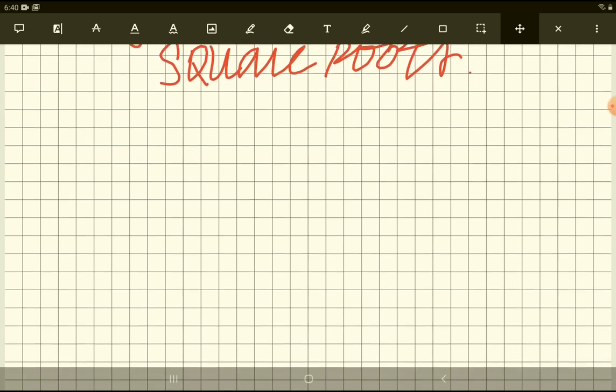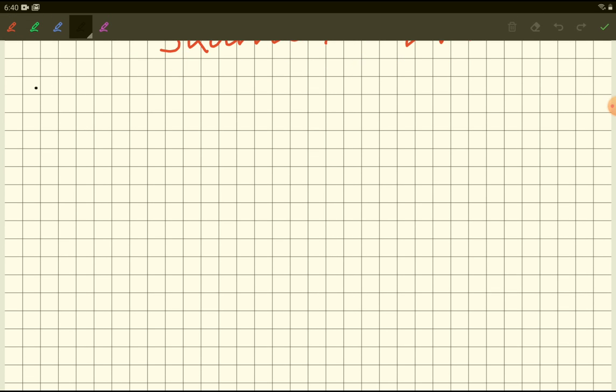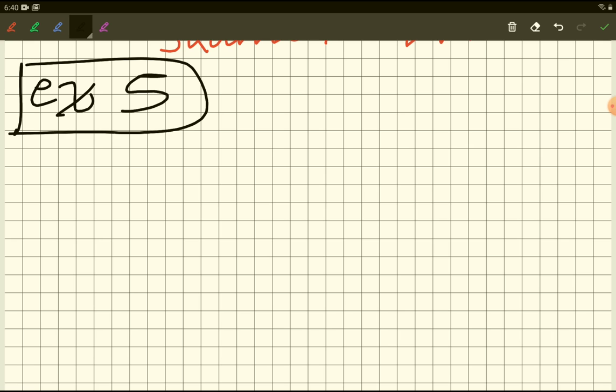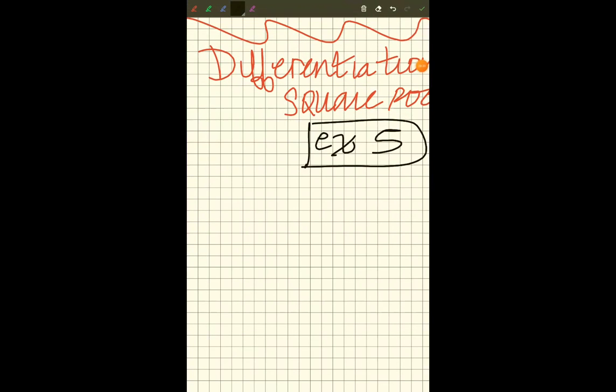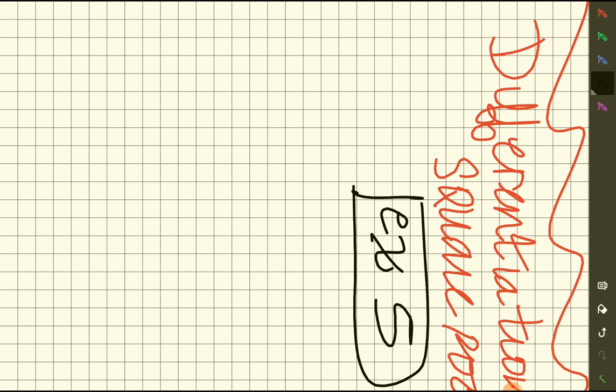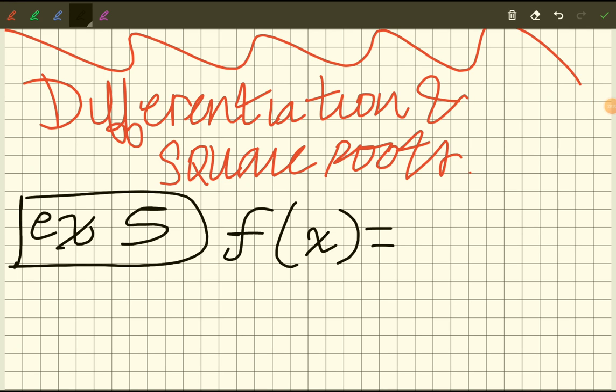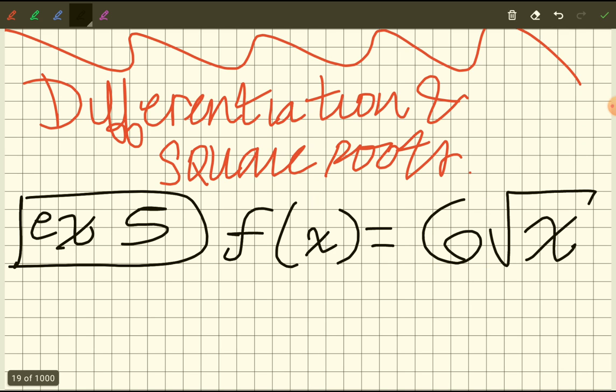Alrighty, differentiation and square roots. In my example 5 now, say my function is... Aha, that's a good one. 6 square root of x.